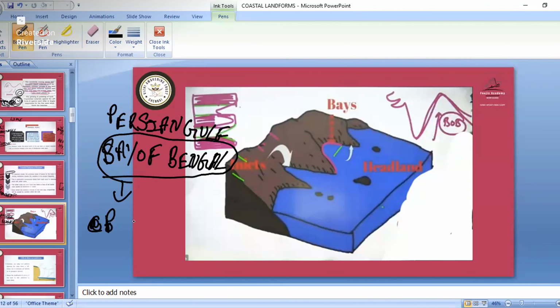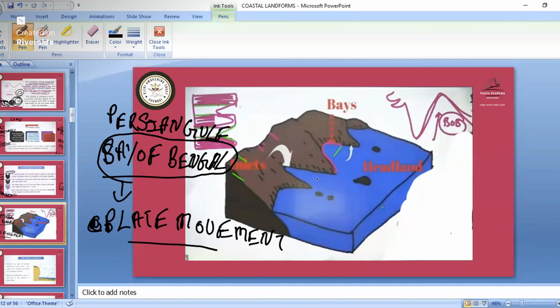So the Bay of Bengal area is not a bay formed due to coastal landforms, formed due to the wave water. Remember that these two are the bays whose formation has taken place due to the plate movement, and mostly all other bays are the formation of ocean water. So remember this one.